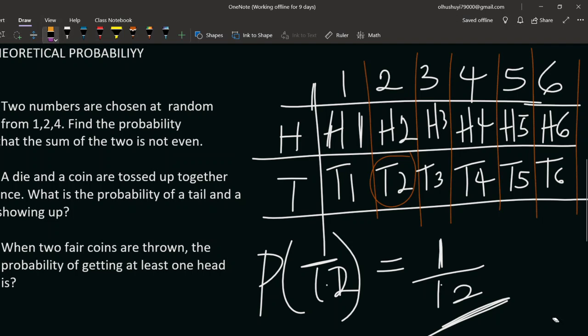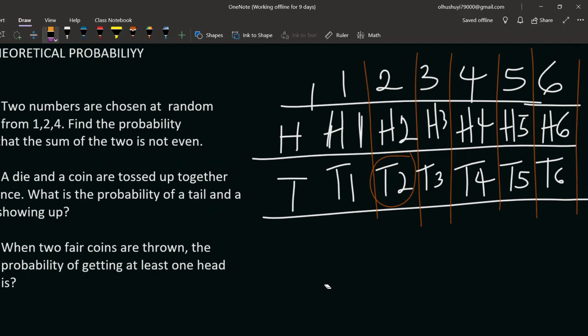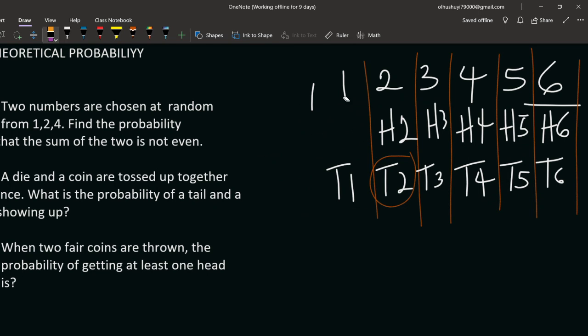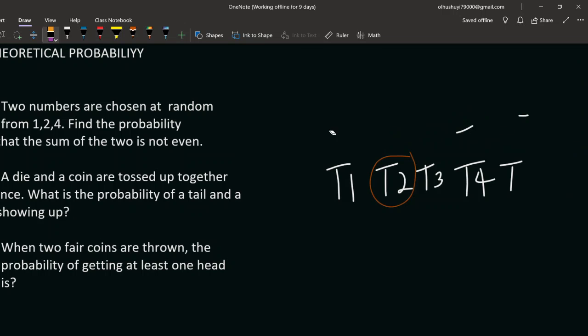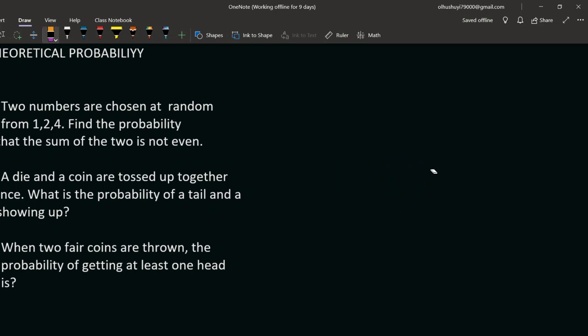The last question before we go to other aspects of probability: when 2 fair coins are thrown, the probability of getting at least 1 head is... Now these questions are actually cheap questions, but I take them as fundamental, the beginning of probability, the theoretical approach.